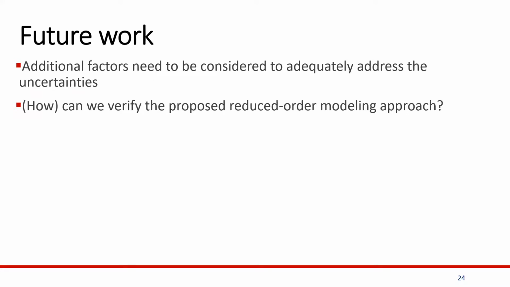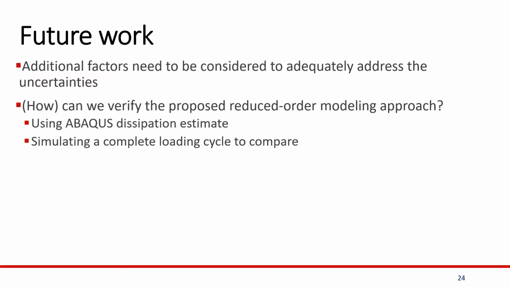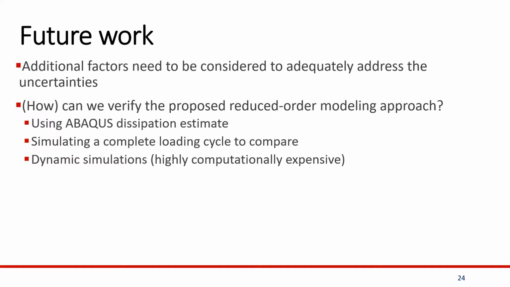There are different ideas for doing this, like using Abaqus dissipation estimates, or simulating a complete loading cycle in Abaqus to compare. Dynamic simulations, however, end up being highly computationally expensive. For example, 0.15 seconds of dynamic analysis on the 2D model takes approximately 48 hours.